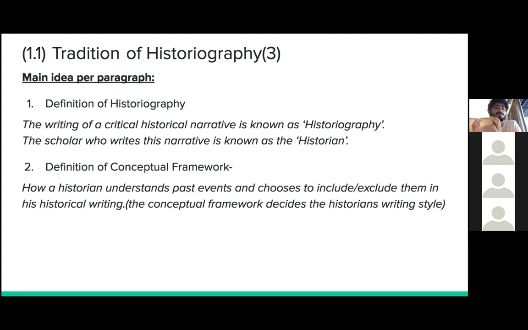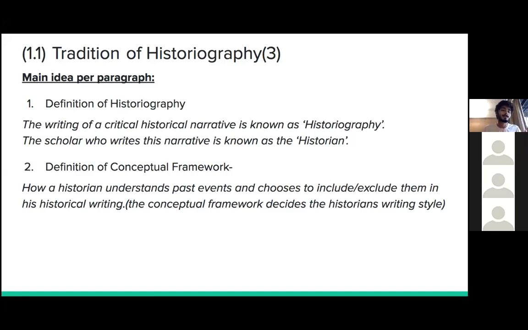And the latter part is more important. Everybody pays attention to some things and does not pay attention to other things. So what you choose to pay attention to, and what you choose not to pay attention to, forms your conceptual framework: how we see the world, how we understand it. Every person sees and understands the world differently. Similarly, each historian looks at history and understands history in a different way, and therefore each person writes history in a different way.